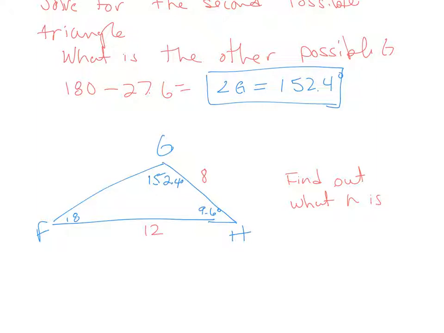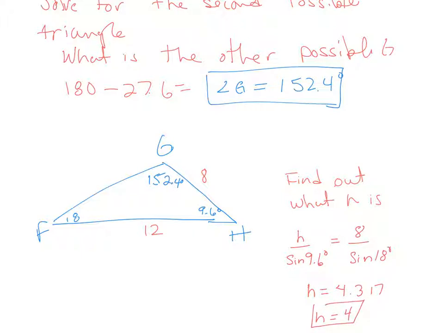I have that h over the sine of 9.6 degrees is equal to 8 over the sine of 18 degrees, which gives me the fact that h is equal to 4.317. If I round to the nearest whole number, I get h is equal to 4.